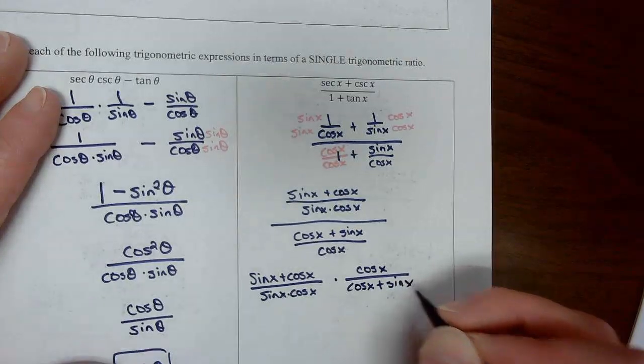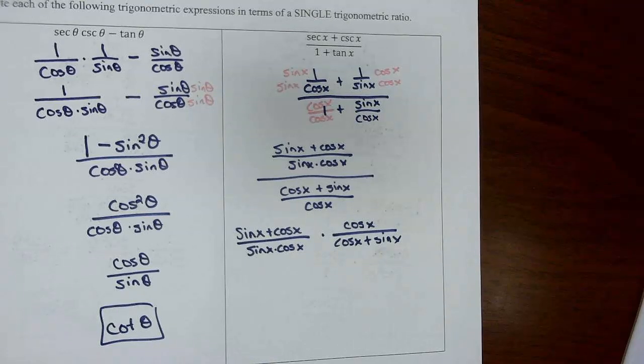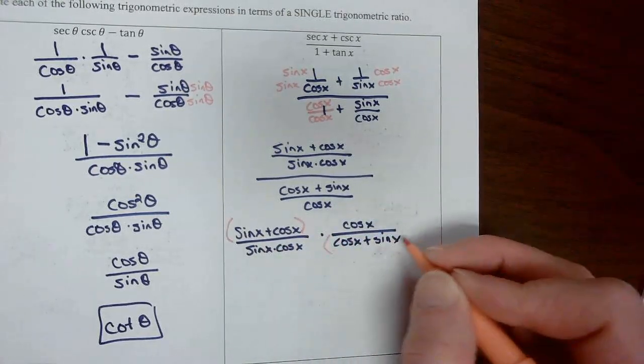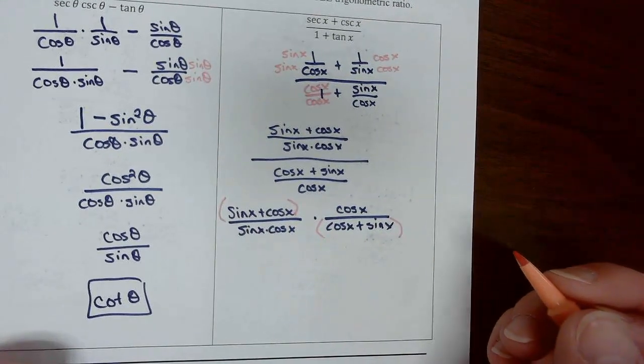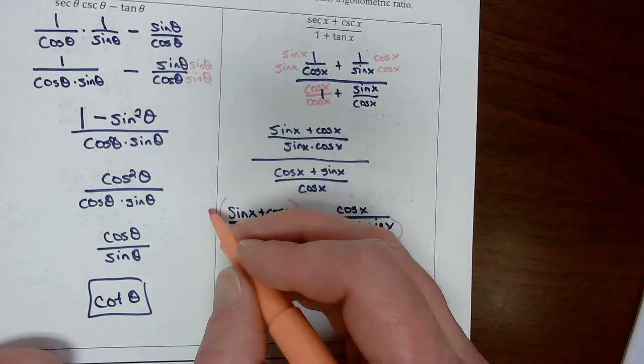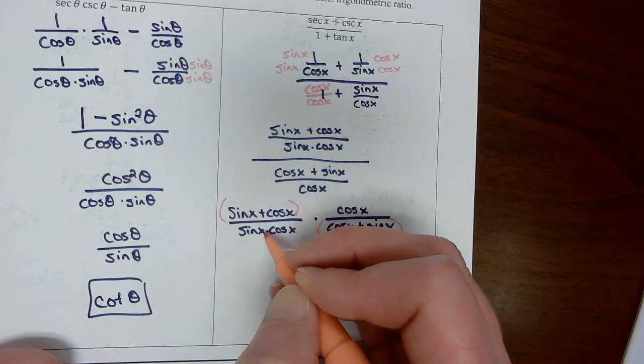Be really careful here to make sure we're doing proper math and not killing any puppies. We can only divide out things that are being multiplied. This is a whole entity. Those match. Those can divide out. I cannot divide out this sine that's being added with a sine that's being multiplied.